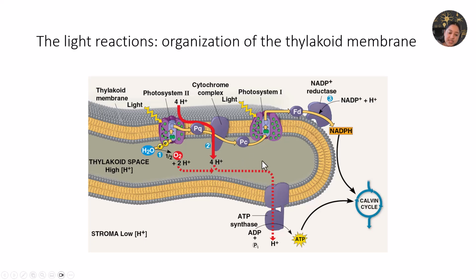It's not like putting them in here and then you have to transport it out. It's making it so that the NADPH is on the stroma side and the ATP is on the stroma side and then just ready to feed into the Calvin cycle.